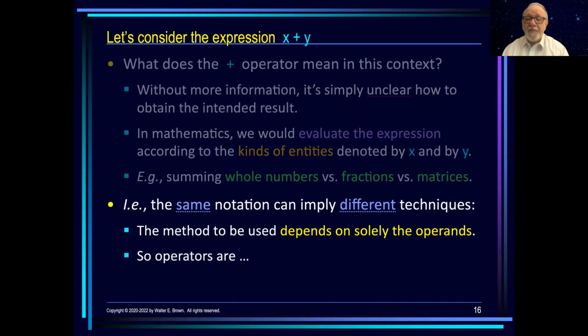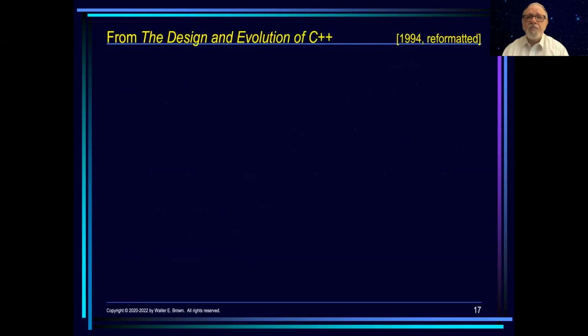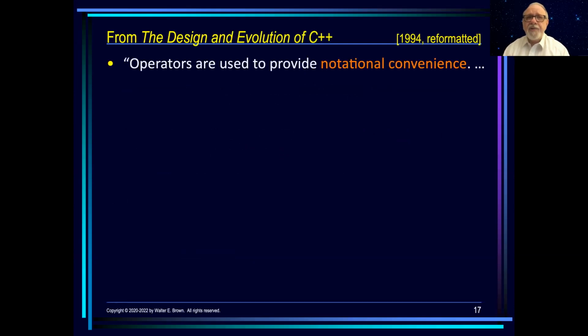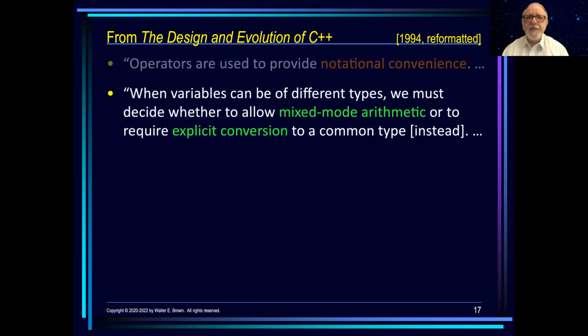So operators are, well, let's quote from D&E. Operators are used to provide notational convenience. When variables can be of different types, we must decide whether to allow mixed mode arithmetic or to require explicit conversion to a common type instead.